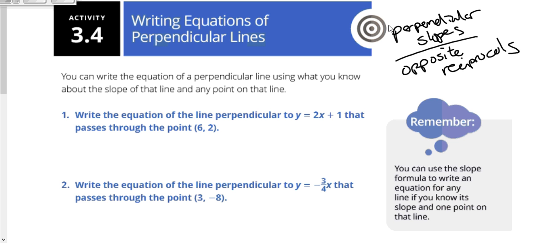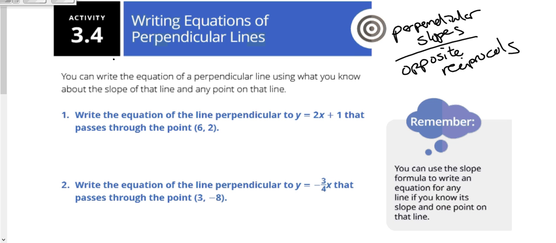The more times you write it, the more times you're going to remember it. All right, so we need to write the equation. This is exactly what your homework is going to be. This is half of what your homework is tonight. You need to write the equation of a line perpendicular to y equals 2x plus 1 that passes through the point (6, 2). Now, you're probably used to doing y equals mx plus b.